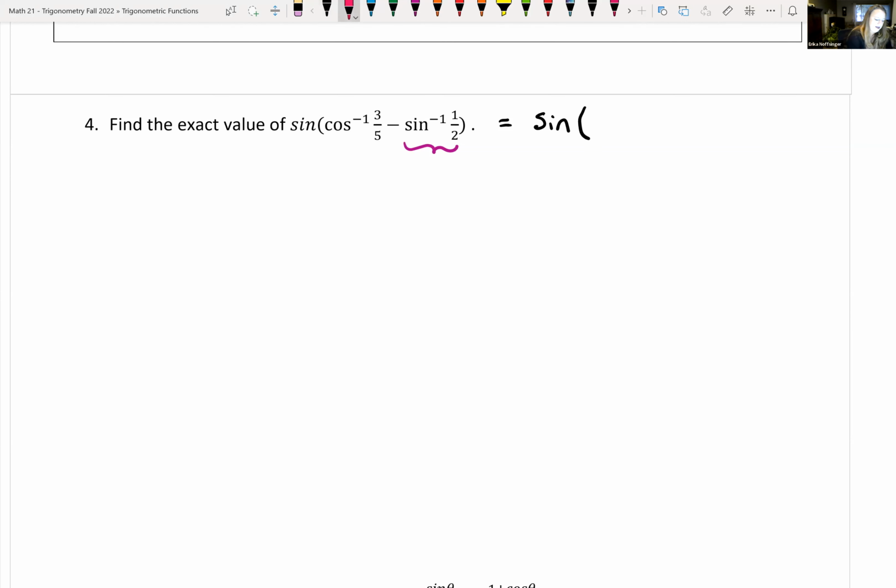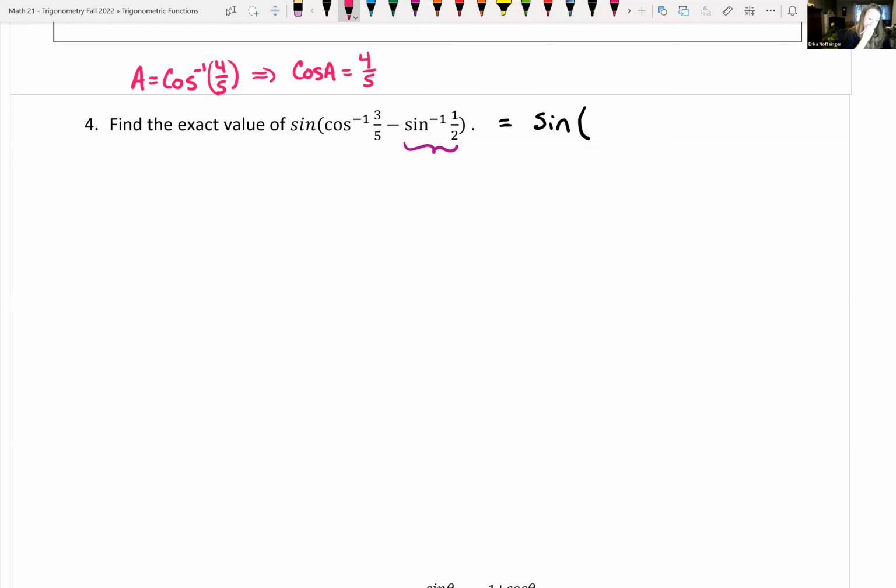And before we do that, let's choose some value. Let's say A is equal to cosine inverse of 4/5. So taking the cosine of both sides, then we know cosine of A is equal to 4/5. So rewriting what we have, sine cosine inverse of 3/5.